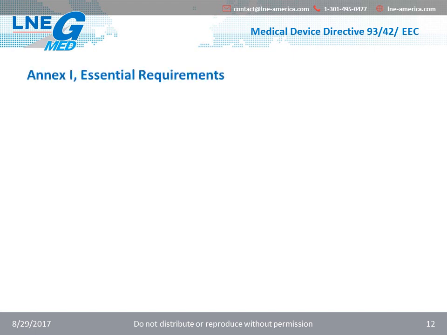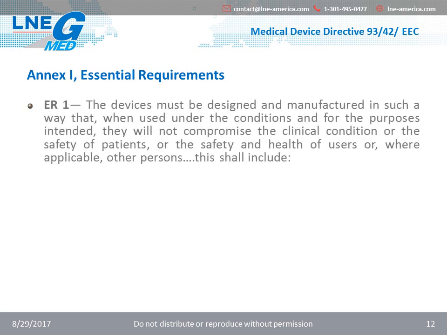Specific usability requirements can be found in Annex 1 of the Medical Device Directive. For the exact wording, please refer to the Medical Device Directive. So essential requirement number 1 states devices must be designed and manufactured in such a way that when used under the conditions and for the purpose intended, they will not compromise the clinical conditions or the safety of patients, users, and other persons.